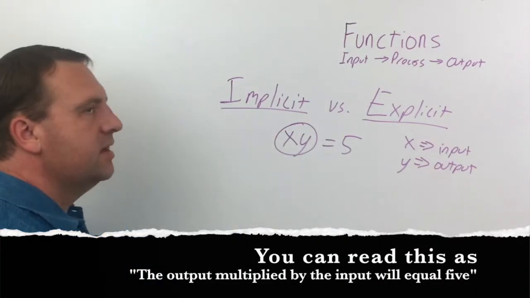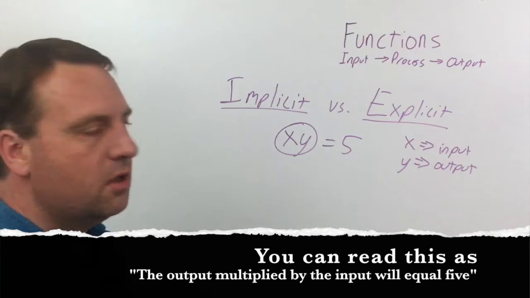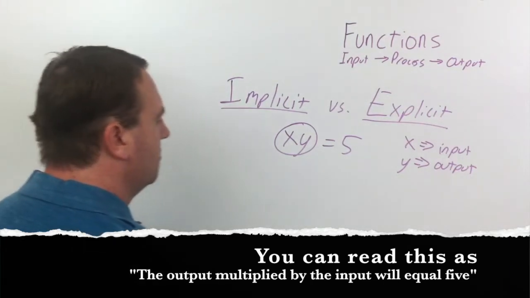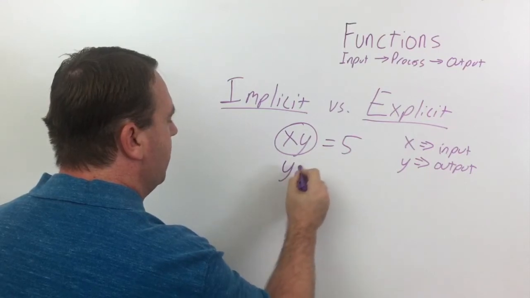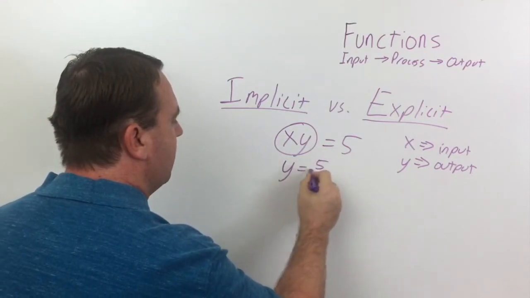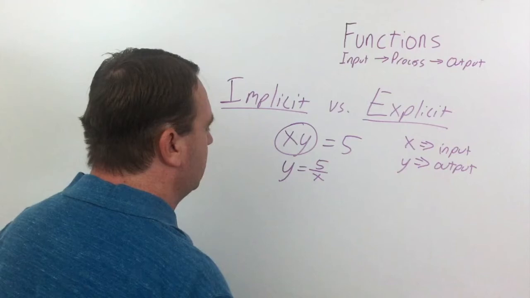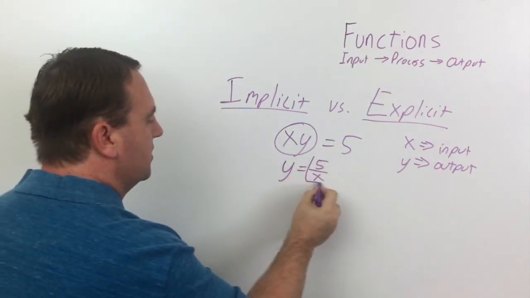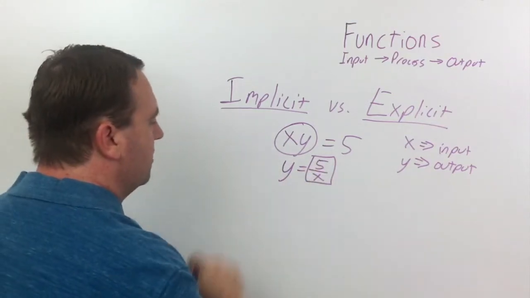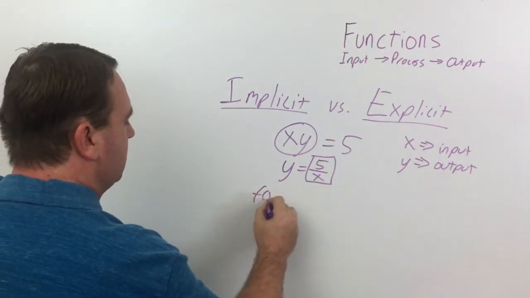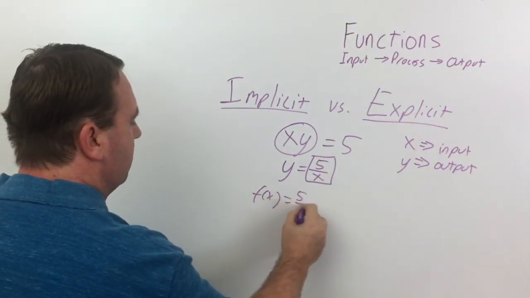Now in this case, it's trivially easy to solve for our output from our input. So we can divide both sides by x and say y equals 5 over x. Now this is an explicit function of x. We can see our input and our output: f of x equals 5 over x.